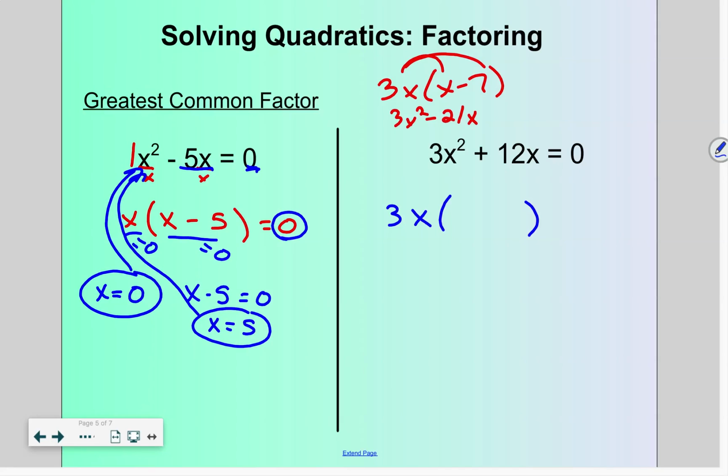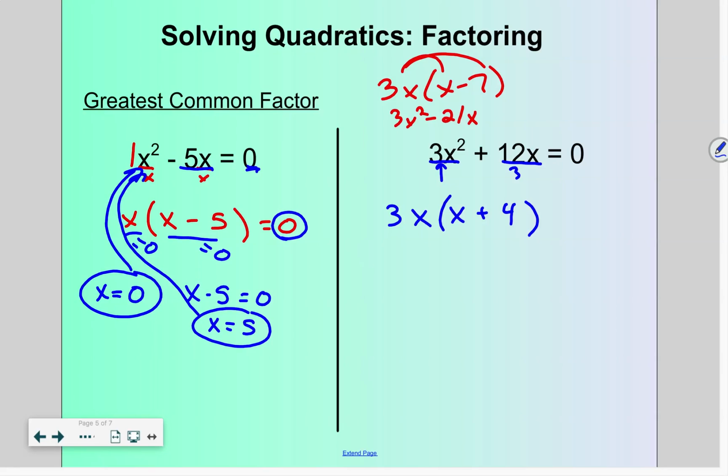Now if we take a 3x from the first one, from a 3x squared, we're still left with an x. So 3x times x gets us that 3x squared. And then what about the 12x? Well, let's put in a 4. 3x times 4 gets us that 12x.